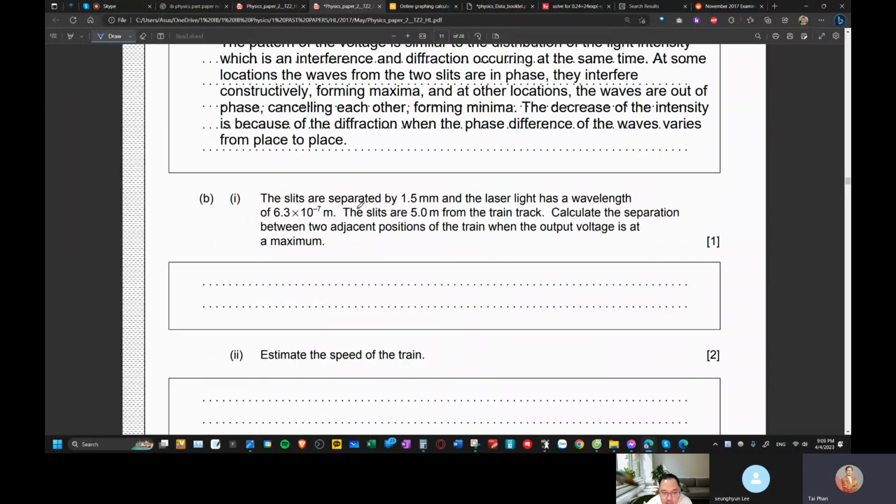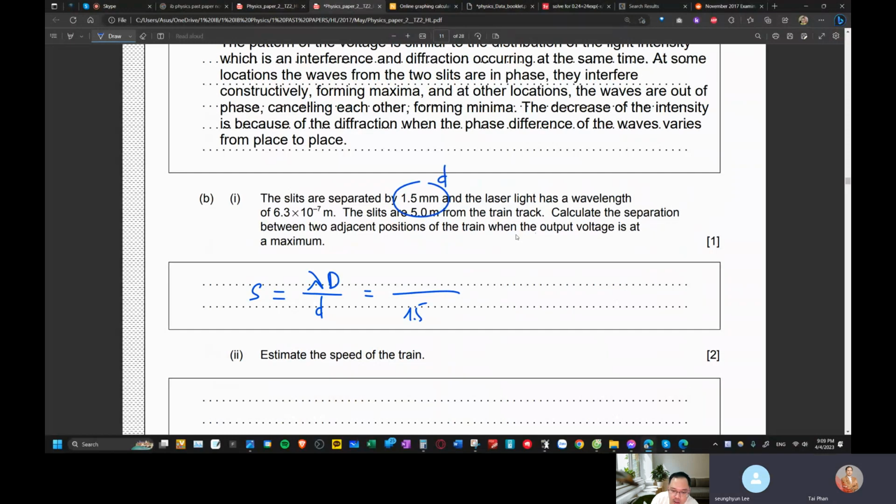Calculate the separation between 2 adjacent positions of the train. That separation is the wavelength multiplied by the distance between the slit and the train, divided by the distance between the 2 slits. The slit separation is 1.5 millimeter here. This is small d.